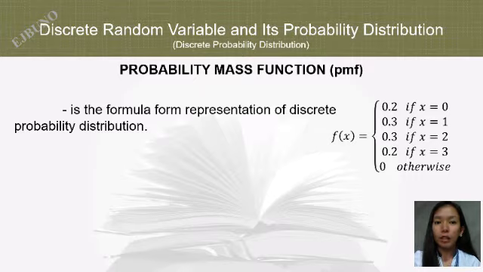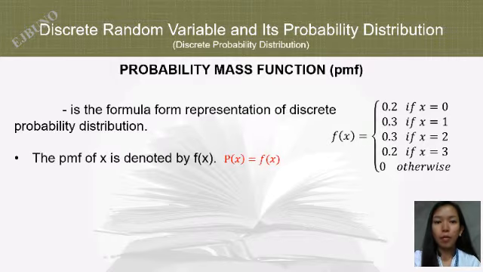Like the example function above, f of x is equals to 0.2 if x is equals to 0, 0.3 if x is equals to 1, 0.3 if x is equals to 2, and 0.2 if x is equals to 3 or 0 otherwise. The PMF of x is denoted by f of x. It is usually represented by P of x is equals to f of x.